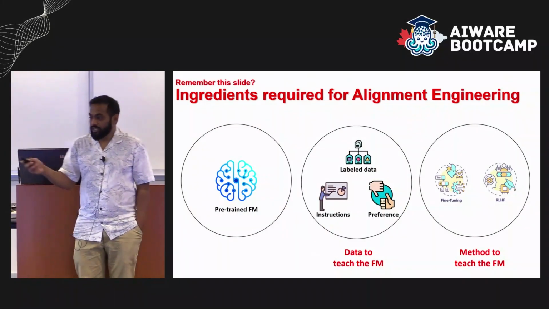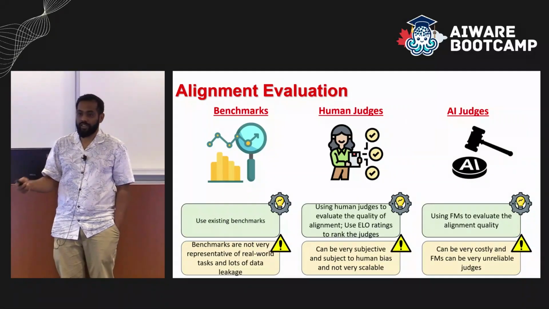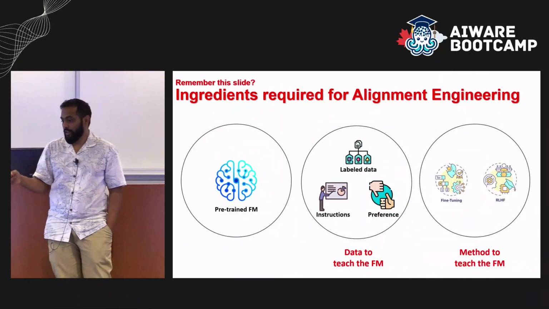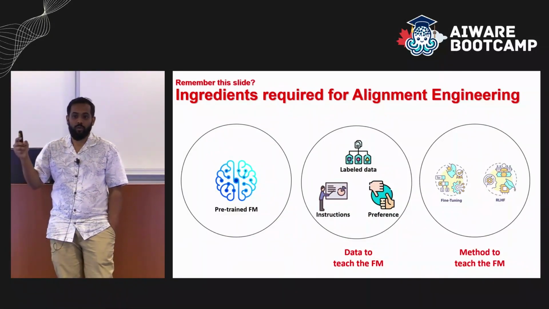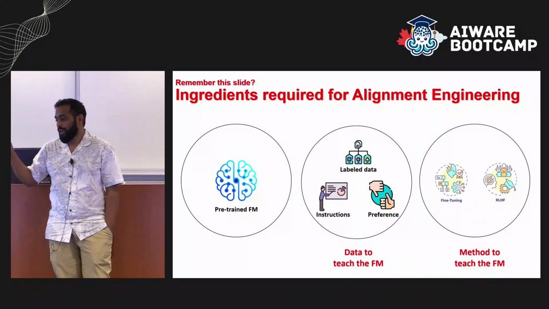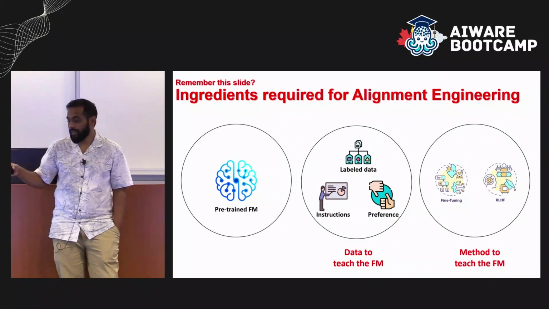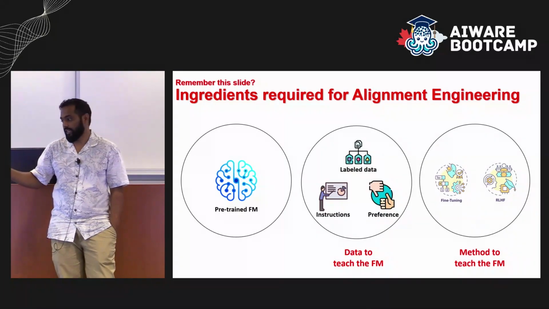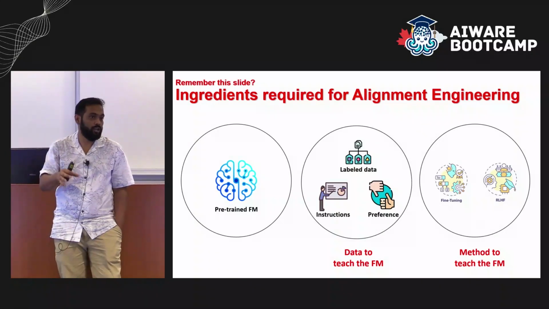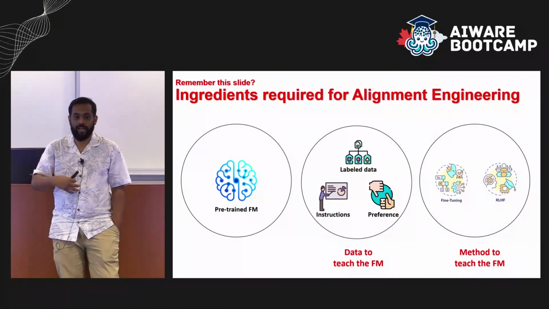So once again, these are all the different alignment evaluation methods, and we already saw what ingredients we needed, and we spoke a bit about how to collect the data to conduct alignment, what the different types of data are that we can collect, and what the methods are to align the model so that the pre-trained foundation model can be adapted to downstream use.